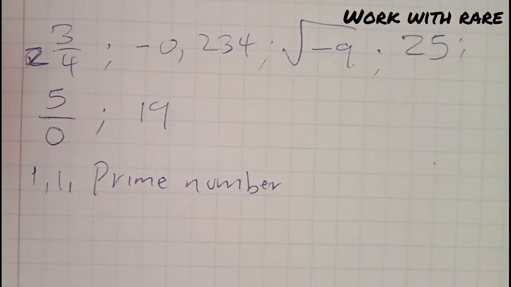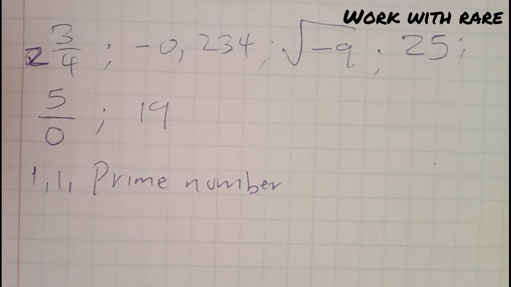2 is a prime number because it has 1 and itself. 3 is a prime number because it has 1 and itself, 1 and 3. 5 is a prime number because for the factors, it has 1 and 5. 4 is not a prime number. Why? Because factors of 4 is 1, 2, 4.